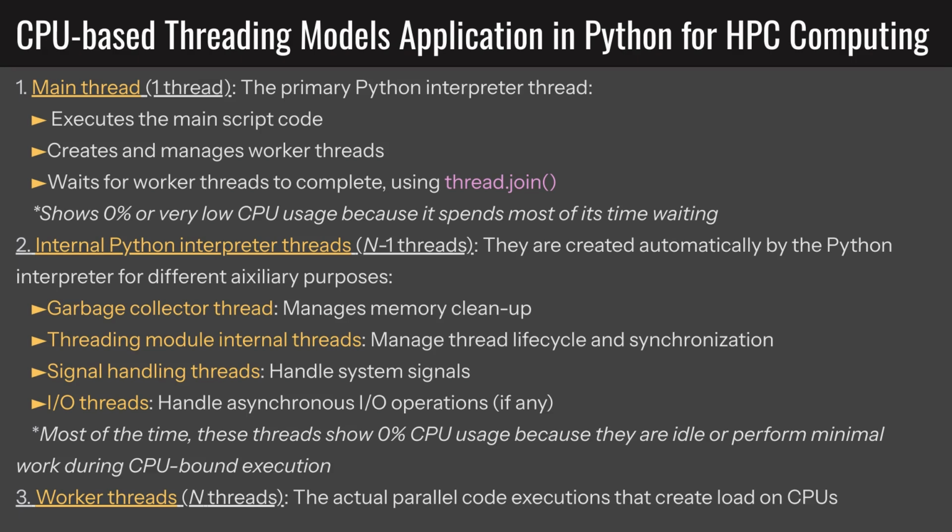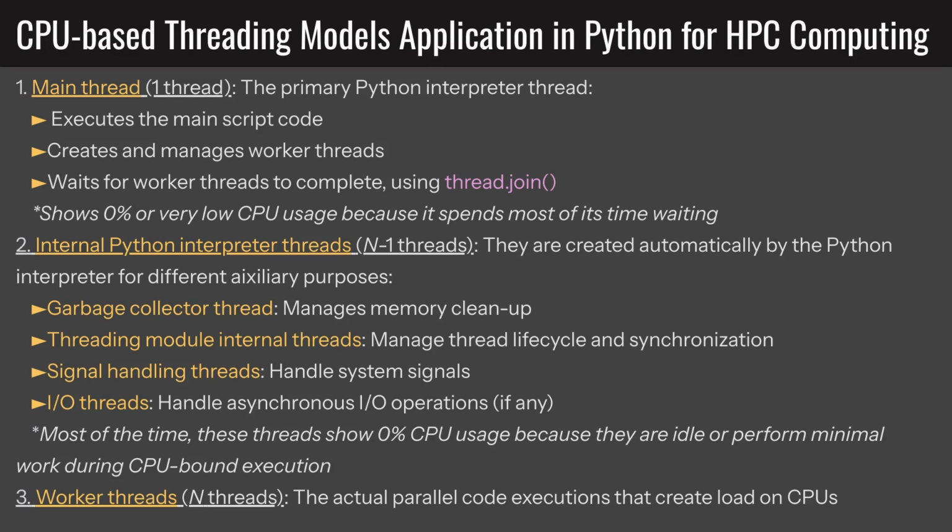Next come the internal Python interpreter threads, and their number is n-1. They are created automatically by the Python interpreter for different auxiliary purposes: garbage collector thread that manages memory cleanup, threading module internal threads to manage thread lifecycle and synchronization, signal handling threads to handle system signals, and I/O threads that handle asynchronous I/O operations if such operations are demanded.